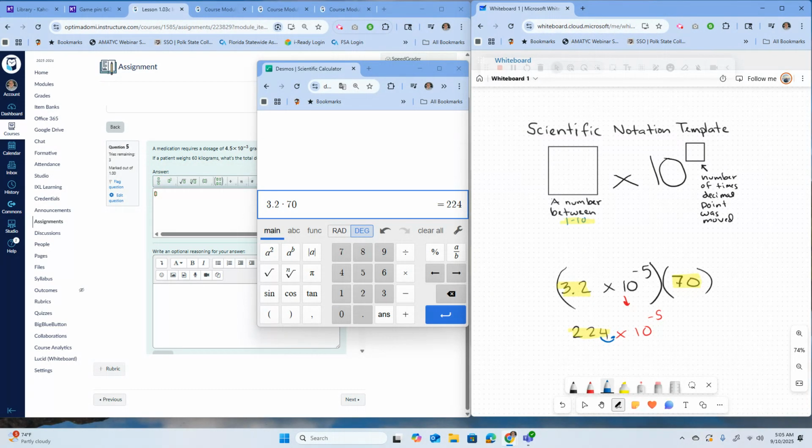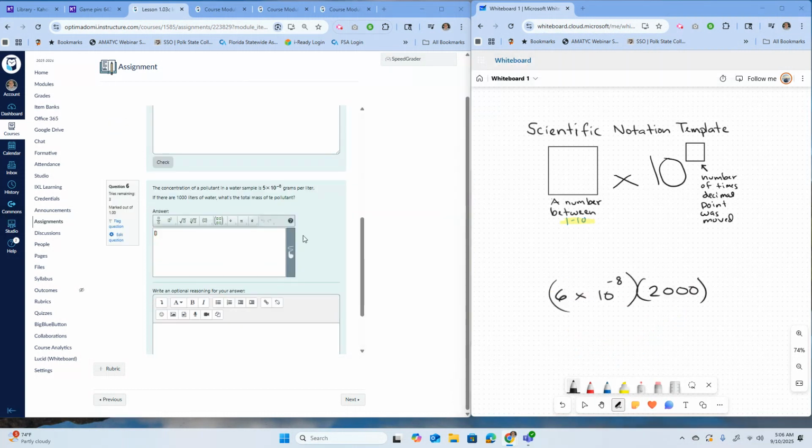When the number is bigger than 1, you want to move it to the left. And I want to leave it between the two 2's. So now we're going to have 2.24. Now if I move it 2 times to the left, it means I'm adding 2 to the exponent of the 10. So now it's going to be times 10 to the negative third power. And that's how you do this problem.